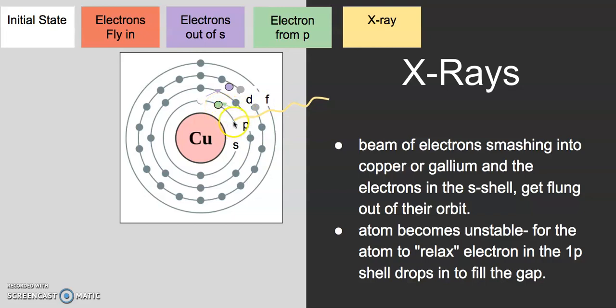And this change causes a really high energy, high frequency wave called an X-ray. So this is how X-rays are formed within an X-ray machine. Again, this isn't super important to know, but I just wanted to give some context.